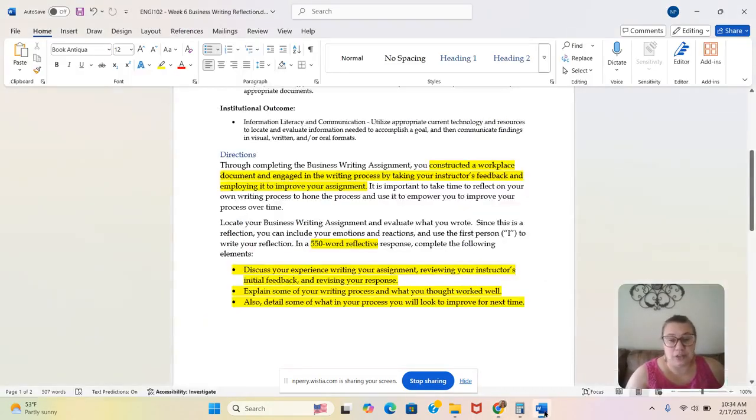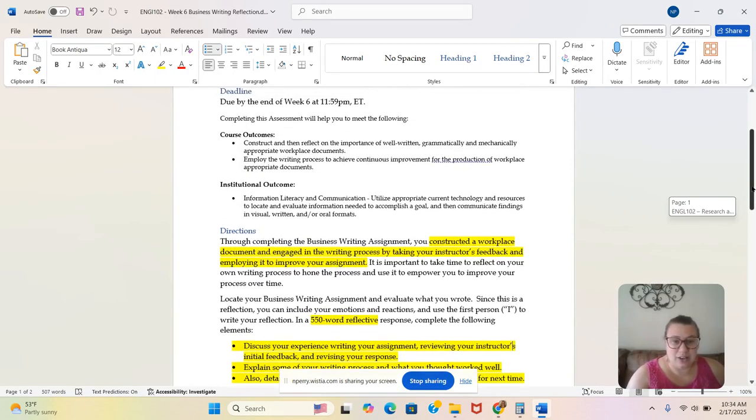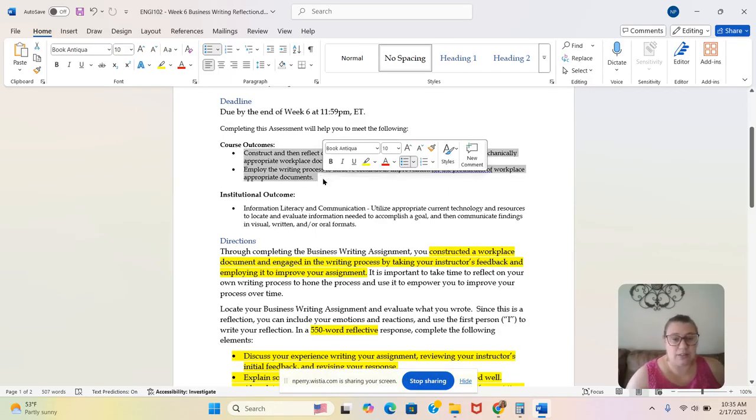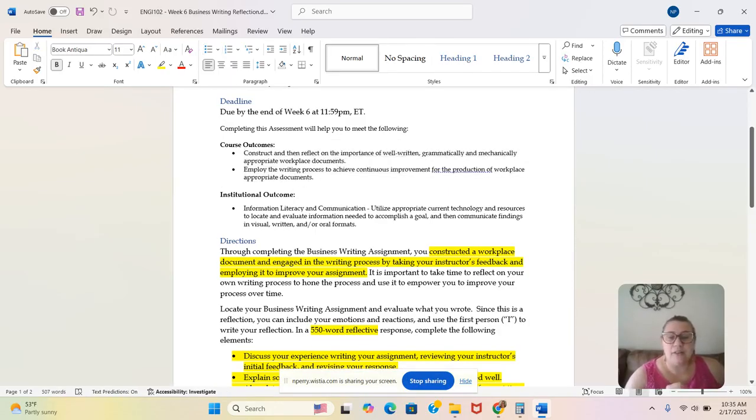So if you look at the directions, right here are the outcomes. The course outcomes are here: construct and then reflect upon the importance of well-written, grammatically and mechanically appropriate workplace documents. Employ the writing process to achieve continuous improvement for the production of workplace appropriate documents. So for the course, that's the outcome that these assignments are reaching.